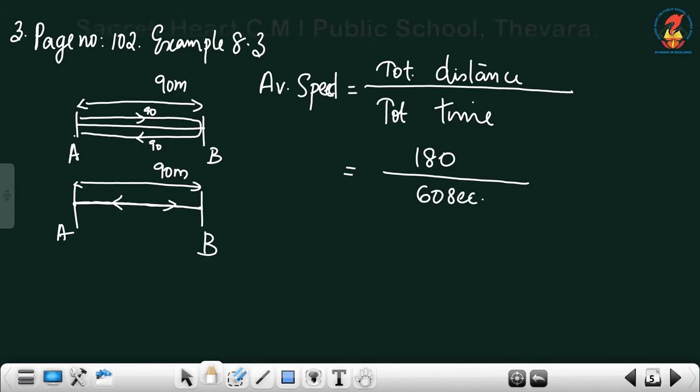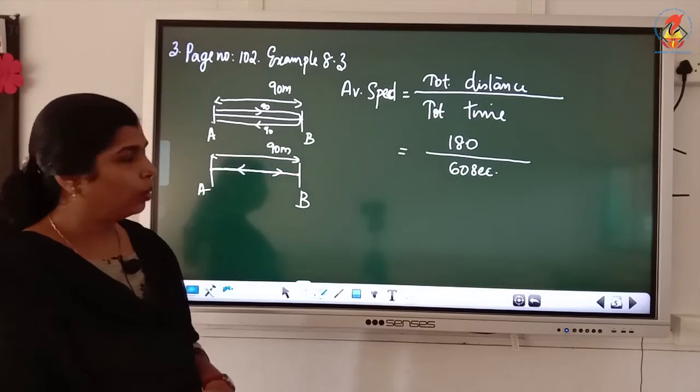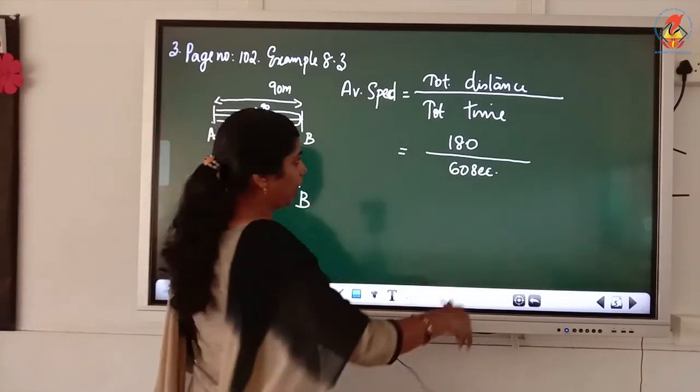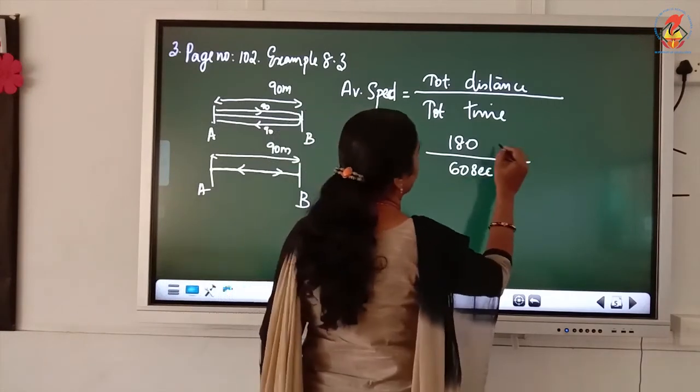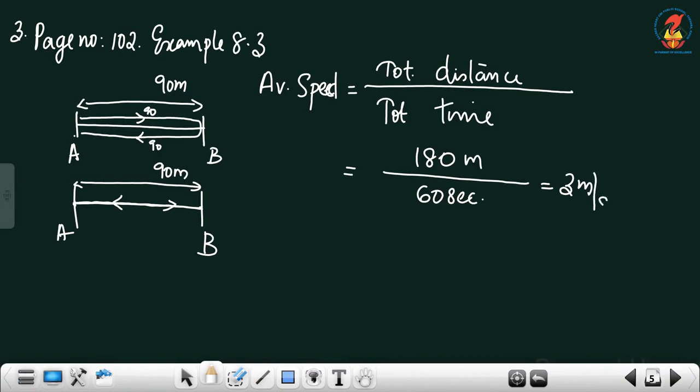I converted the minutes to seconds. 1 minute time is given, so I converted 1 minute into seconds, that is 60 seconds. So, what's the answer? 180 by 60. You will get 3 meter per second. Average speed you will get as 3 meter per second.